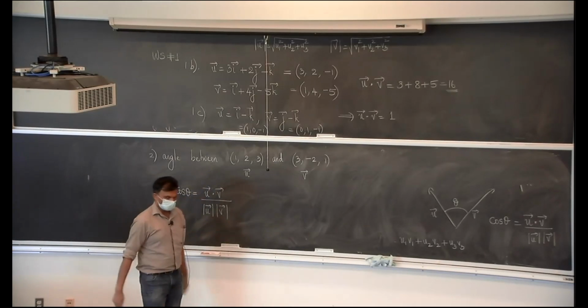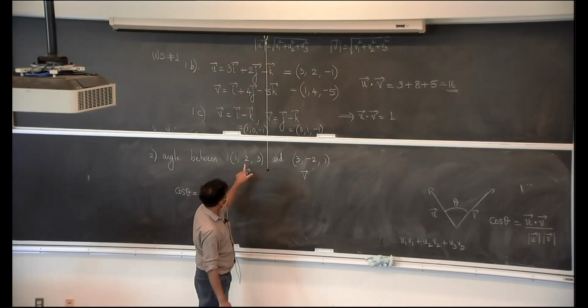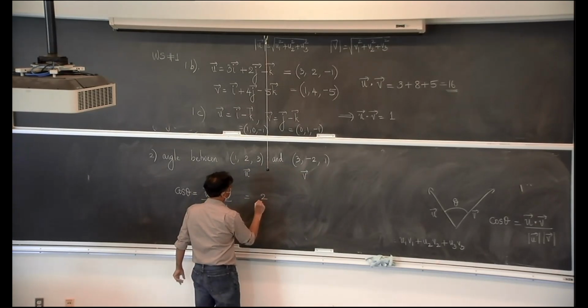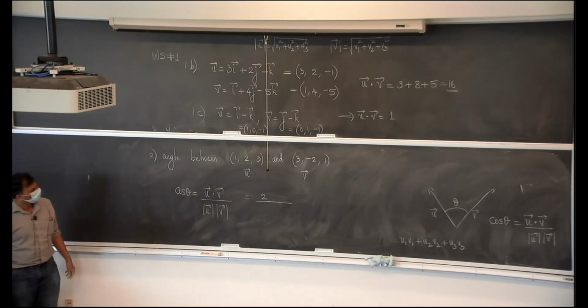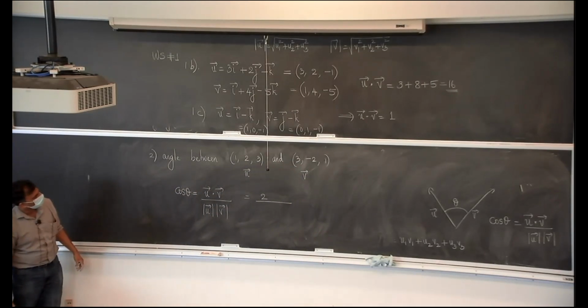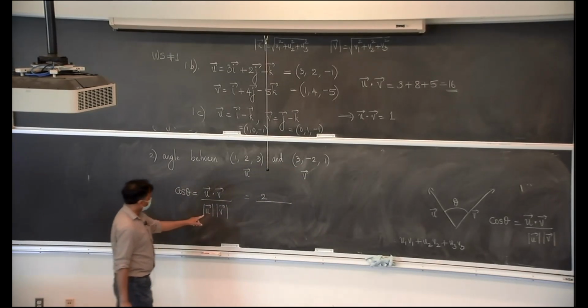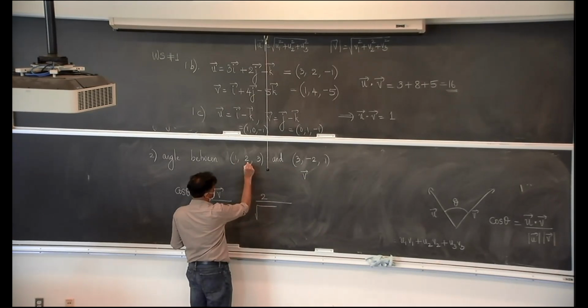And since we have done enough of dot products by now, this dot product is going to be just 3 minus 4, which is negative 1, plus 3 is 2. Right? 3 minus 4 plus 3. Yep. 6 minus 4. The magnitude of U is going to be the square root of 1 square plus 2 square plus 3 square.